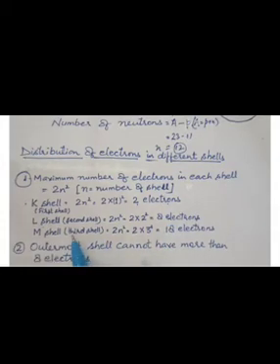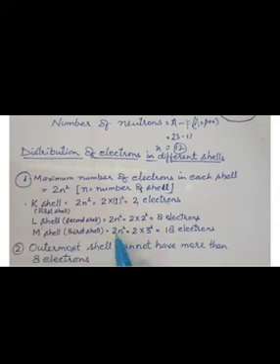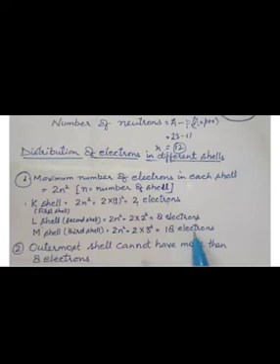Now the third shell, that is your M shell, contains 2 into 3 power 2, that is n is equal to 3, so 3 3s are 9, 9 2s are 18. 18 electrons are the maximum number in the third shell or M shell.